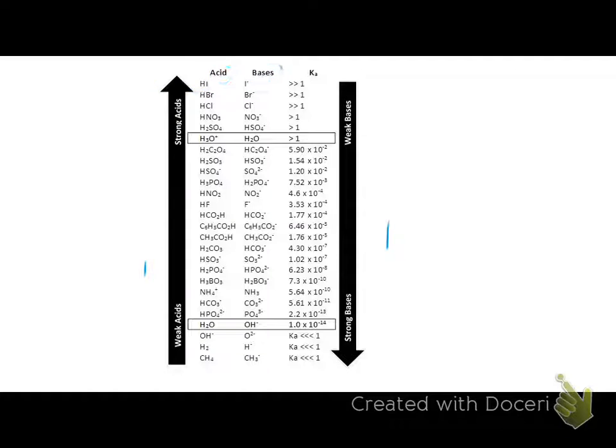Now, a couple of things to point out here when we erase this to show you a few things. When you look at this, what we're looking at is conjugate acid-base pairs. So HI is the acid, and its conjugate base is I minus. So what we see is that the strength of the acid, a strong acid, produces a very weak conjugate base. So the stronger the acid, the weaker the conjugate base.